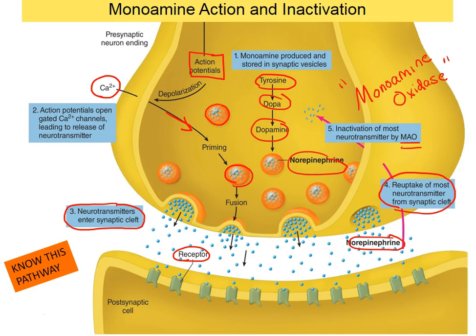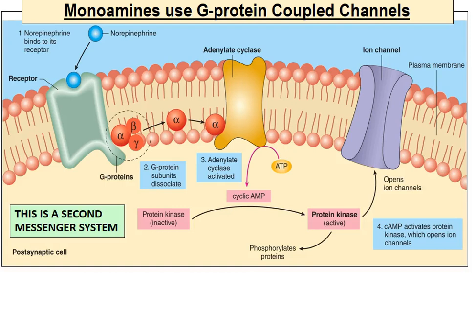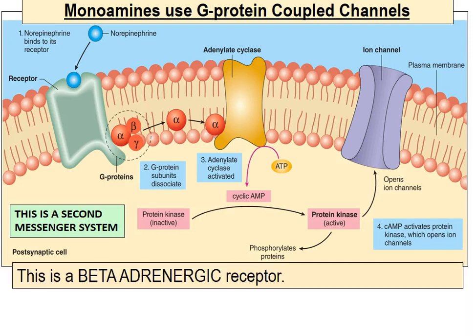Okay, so monoamines use G-protein coupled receptors. We just went over that for the muscarinic acetylcholine receptor, but let's look at what happens in the case of norepinephrine. This is a beta adrenergic receptor.